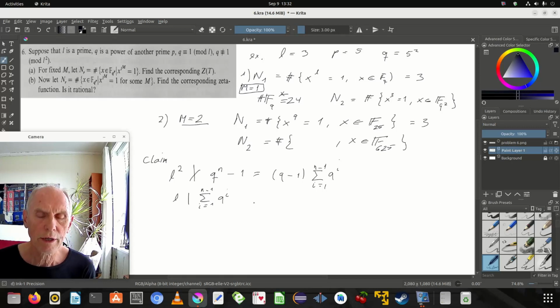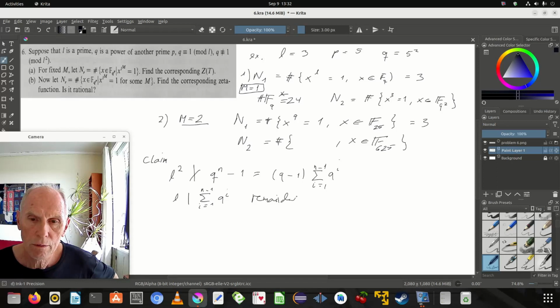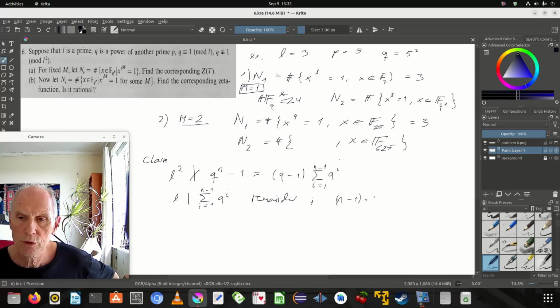Now, how do we write that? The remainder with respect to L, so that's n minus 1 times the remainder of q to any power, which is unity.